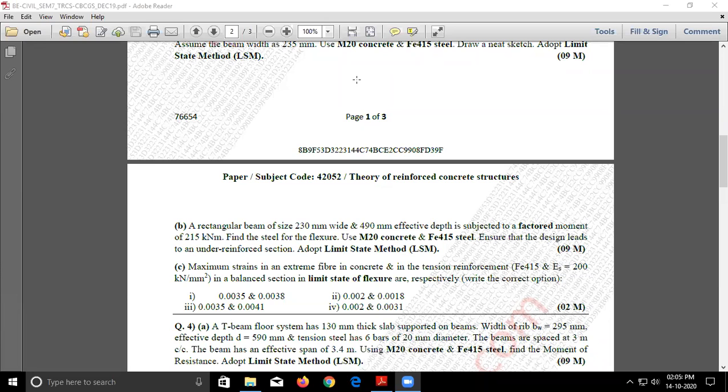Okay, so basically you have to design the beam, that means find out the steel. Quickly start solving and give me the values.